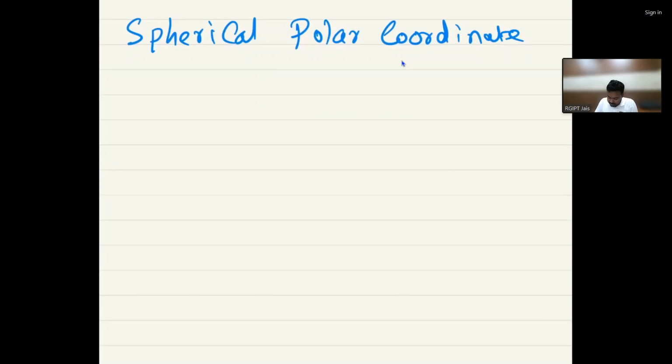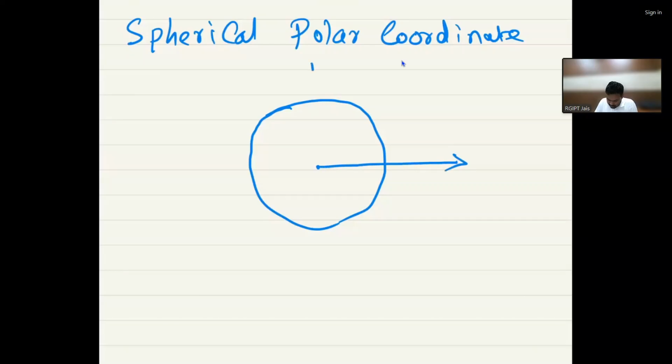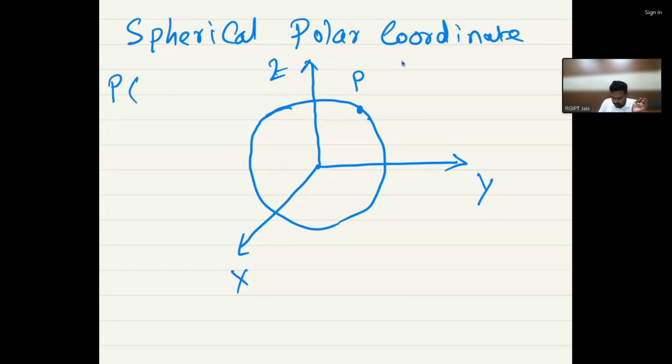I told you that for spherical polar coordinate, you need to imagine a three-dimensional sphere. And then let's say at the center, this is the Cartesian coordinate system, X, Y, and Z. Then any point P on this, you can denote by the Cartesian coordinate system, and its coordinates will be P(x, y, z) in the Cartesian system.